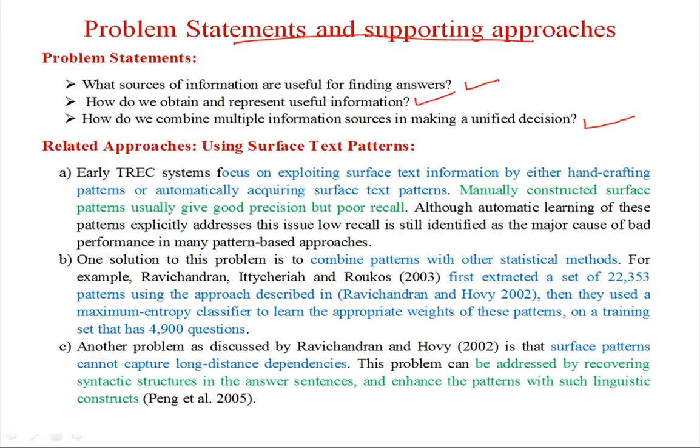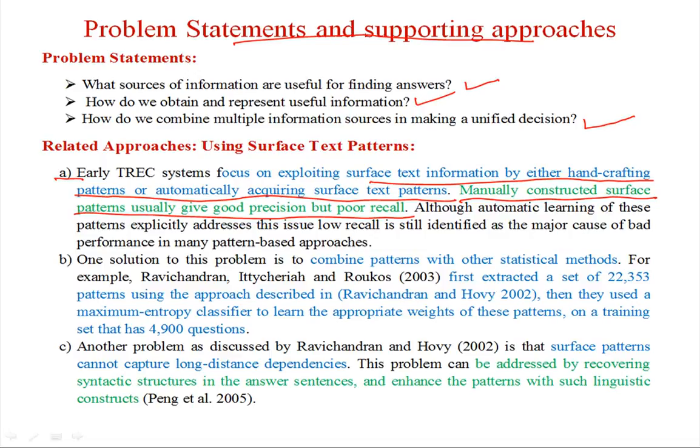In factoid based question answering systems, early track systems focus on exploiting surface text information by either handcrafting patterns or automatically acquiring surface text patterns. Manually constructed surface text patterns usually give good precision but poor recall.